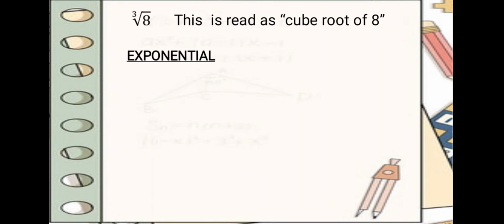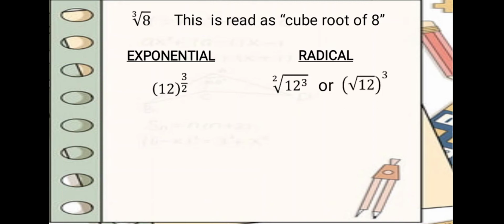In exponential form, if we have quantity 12 raised to 3 over 2, when we transform it into radical, it becomes square root of 12 raised to 3, or quantity square root of 12 raised to the third power.